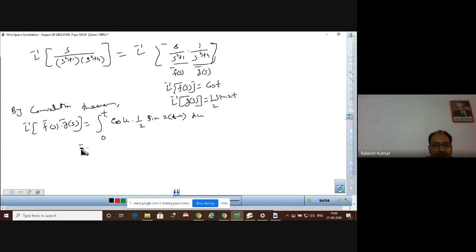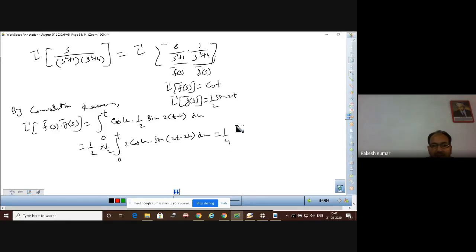So 1 by 2 can be written out, integral 0 to t, and it can be written like this: cos of u into sine of 2t minus 2u du. You just need to multiply it by 2 and divide by 2.